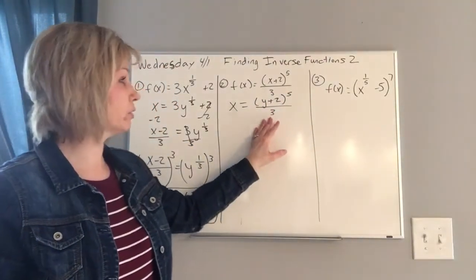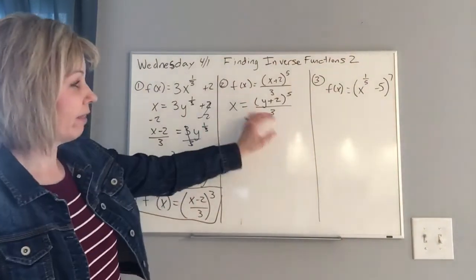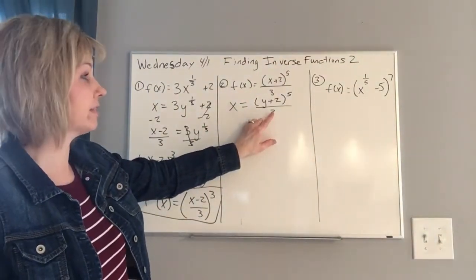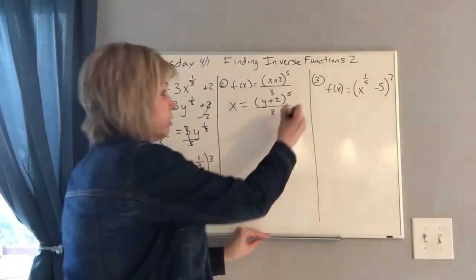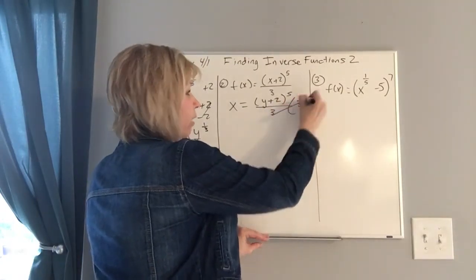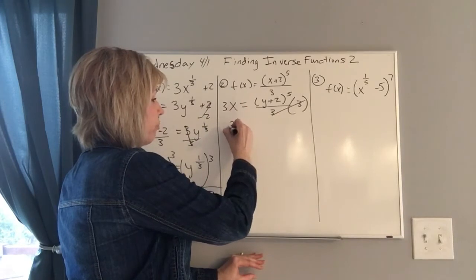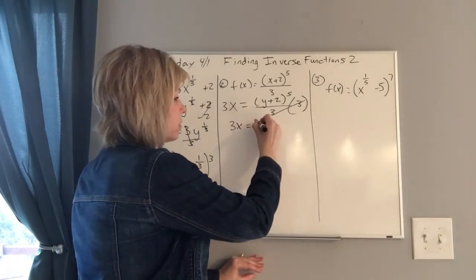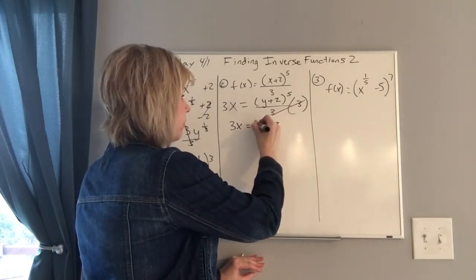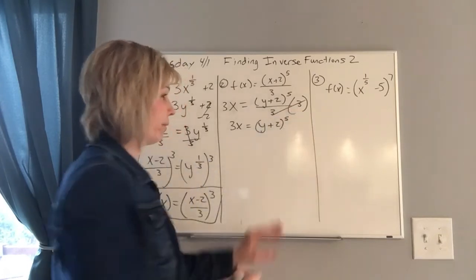This time the 3 is not in parentheses, so we have to undo that first. You're not raising it to the power, you're multiplying both sides by 3. So we get 3x equals y plus 2 to the 5th power.